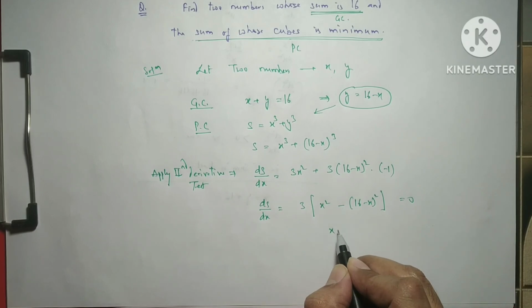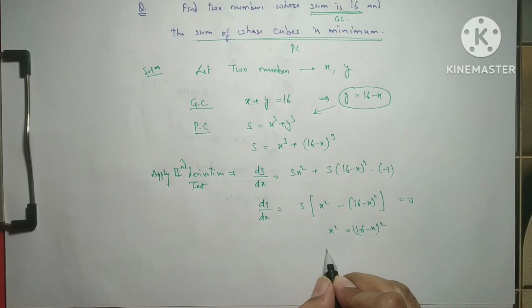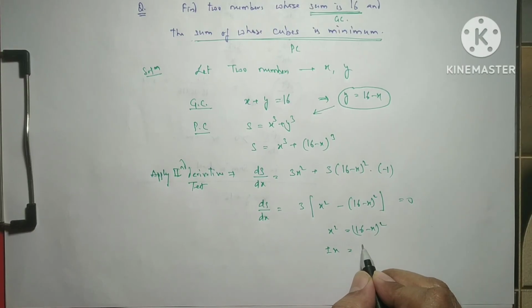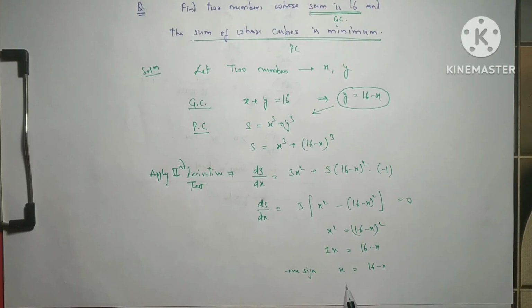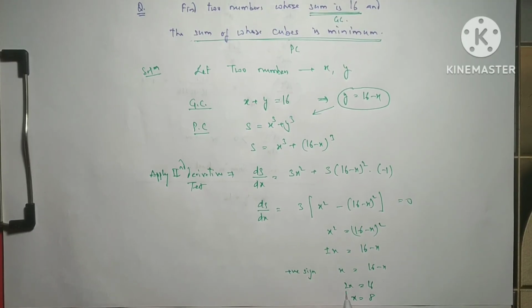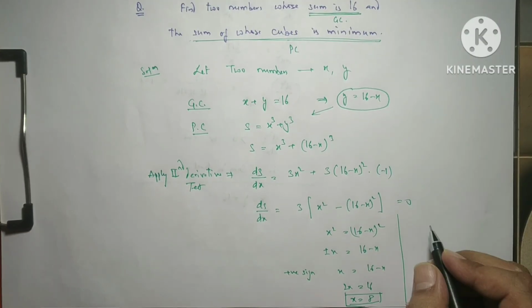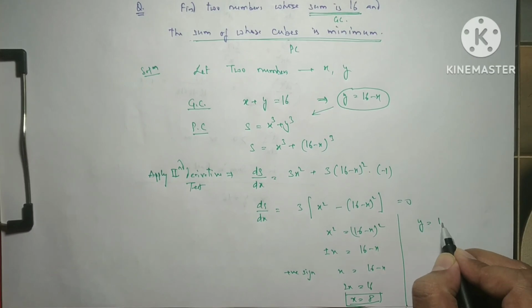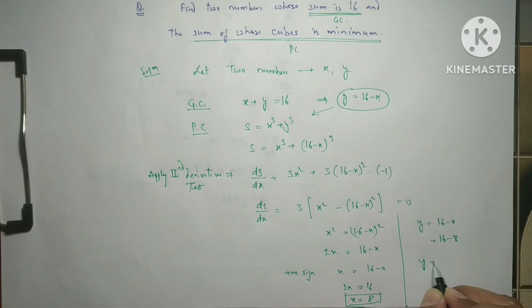So we get x square is (16 minus x) square, so x is plus minus (16 minus x). When we consider the positive sign, then we get x equals 16 minus x, so 2x is 16 and x is 8. It means y is 16 minus x, so 16 minus 8, so y is 8.